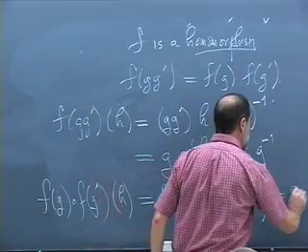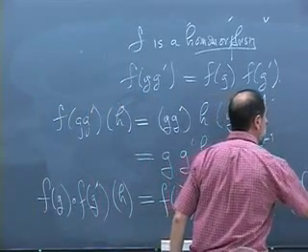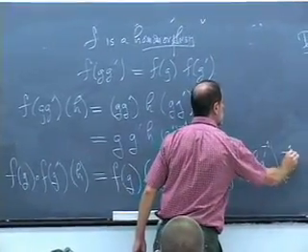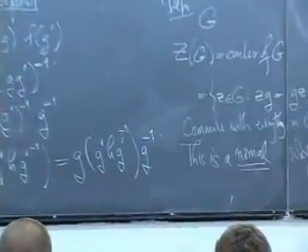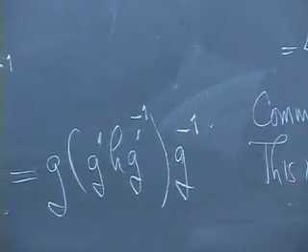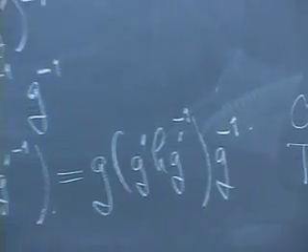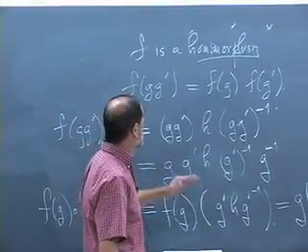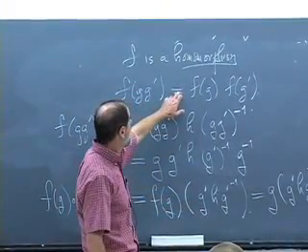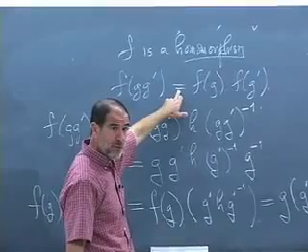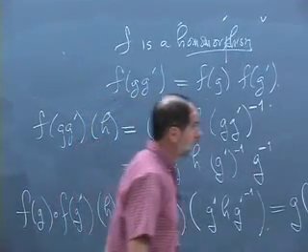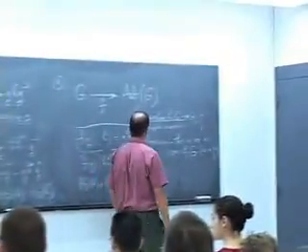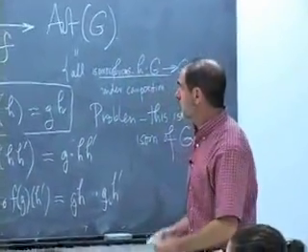So I get g g' h g'^-1 g^-1. And if you look at what this does to h and what this does to h, they do the same thing for every h. Therefore, they are the same automorphism. So this is equality in the automorphism group of G, and that's why this map is a homomorphism. This is really quite cute.